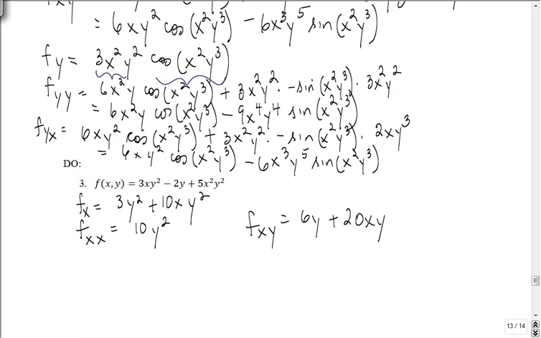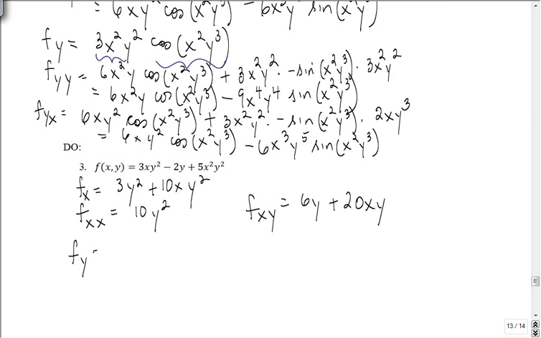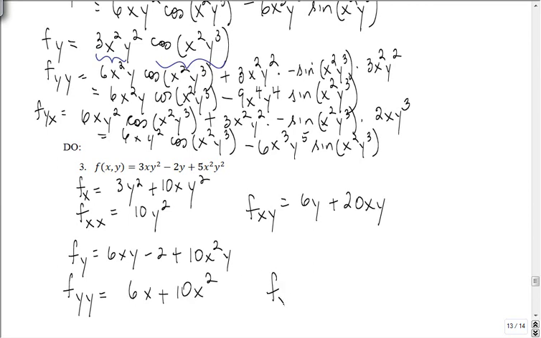Good. Another person give me the first partial with respect to y. Very good. Another person give me fyy. Good. Another person give me fyx. 20x only? Yeah. Okay, and as you can see, they're the same. Why? Because f of xy is a continuous function. It's a polynomial.